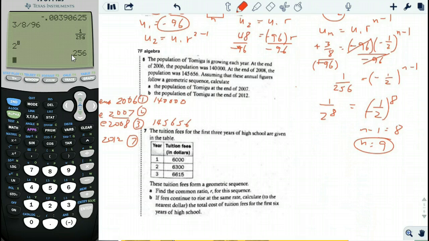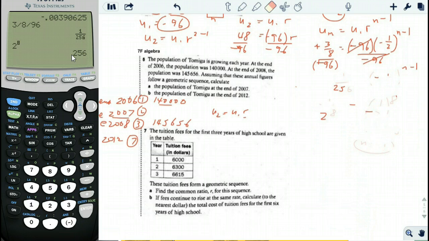And so let's figure out first what we need to figure out u2. Well, u2 is equal to u1 times r. We know u1 is 140,000. What's r? We don't know r yet.